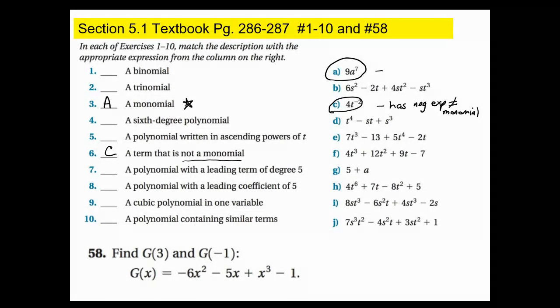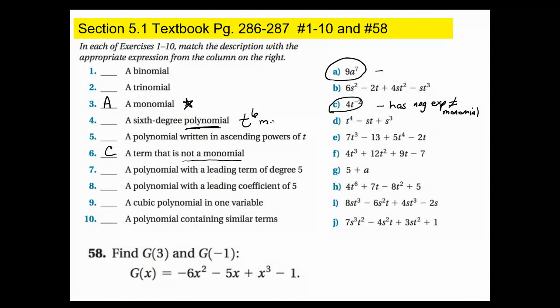Okay. So binomial, you're looking for a 2-piece, trinomial, 3-piece. Number 4 says a 6th degree polynomial. Most of these are T's, with just one with an A and an S. So a 6th degree polynomial needs something with T to the 6, or S to the 6, or A to the 6, whatever letter they're using.